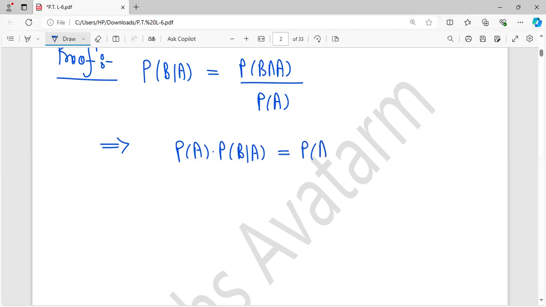So I can write A intersection B. So what I got is P of A intersection B is equal to P of A into P of B relative to A.